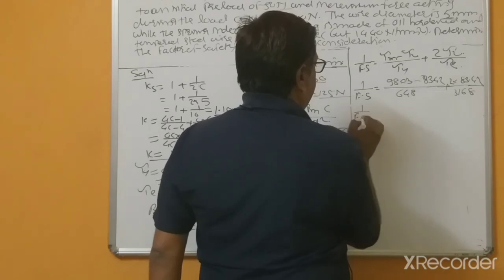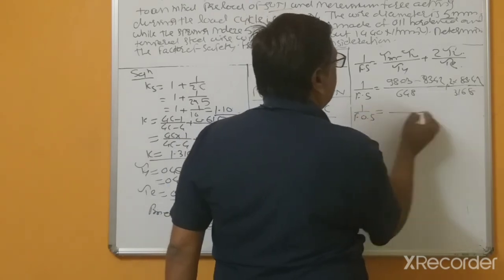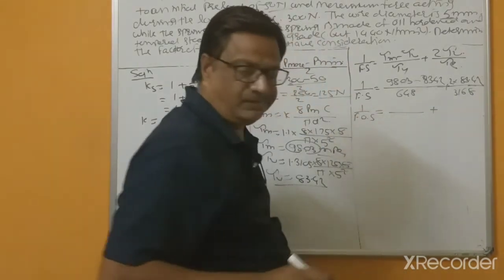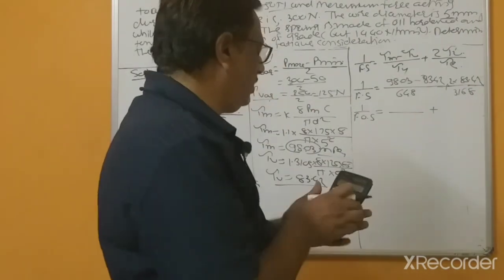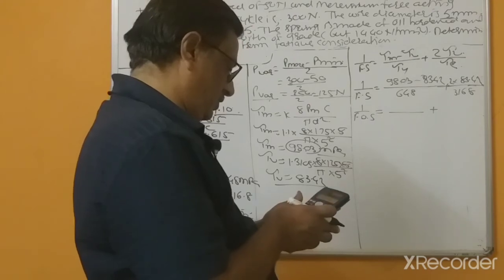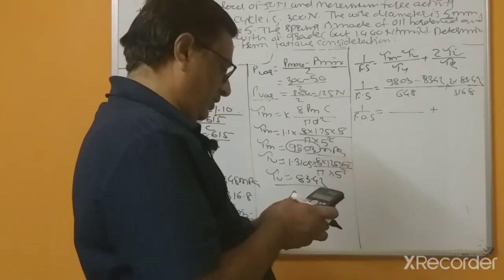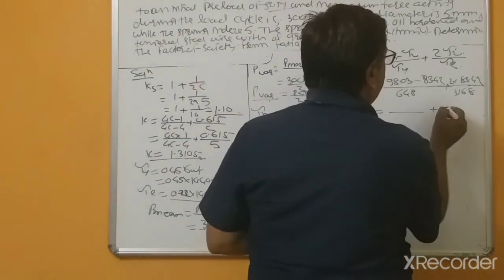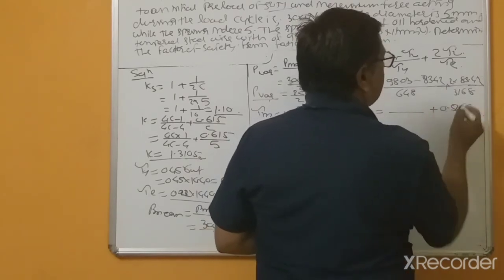So 1 divided by factor of safety equals (tau m minus tau v) divided by tau y, plus 2 into tau v divided by tau e. The second term is 83.42 multiplied by 2 divided by 316.8, which is 0.5266.